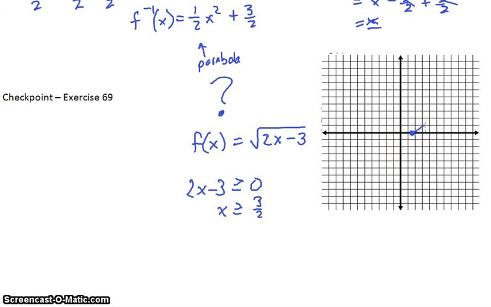And the graph actually looks like this. Okay, so the starting point for this function is at the point 3/2, comma 0. We can't let x be less than 3/2.